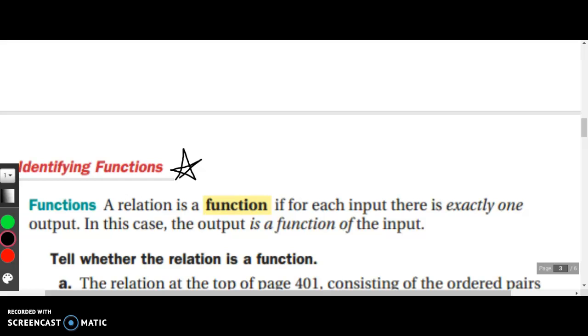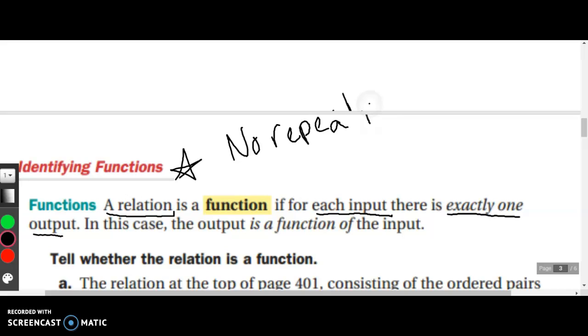A function is a relation where for each input, there is exactly one output. So for a function, we can have no repeating x values, because remember, an input is an x, so we cannot have a repeating x value.